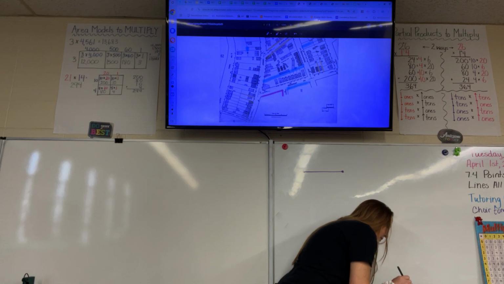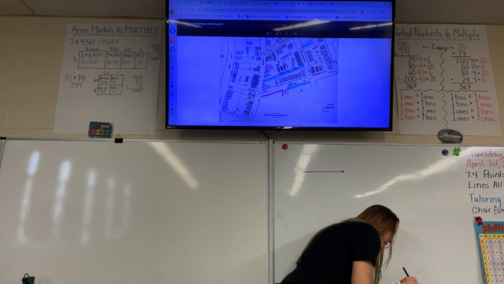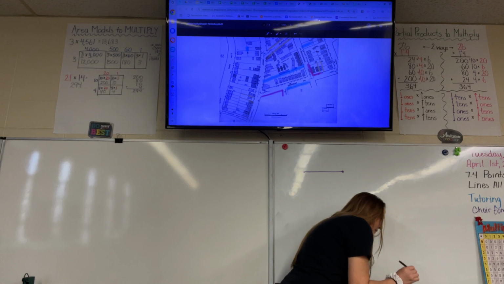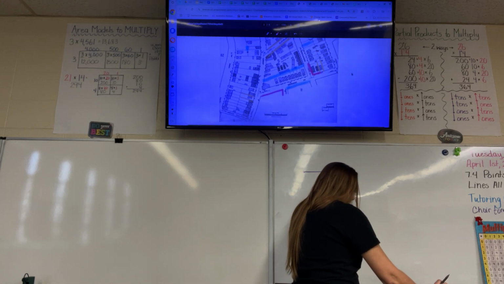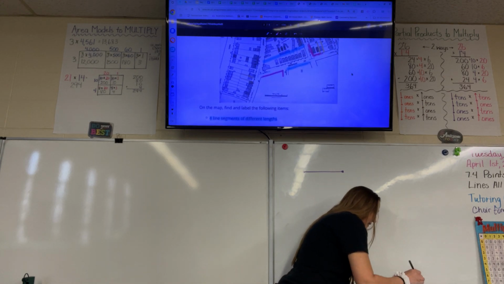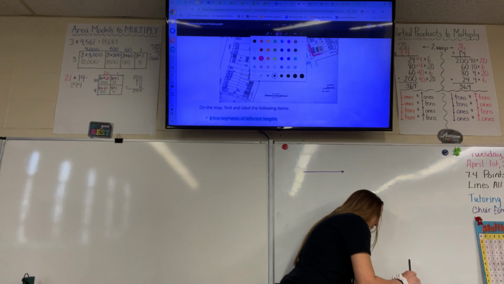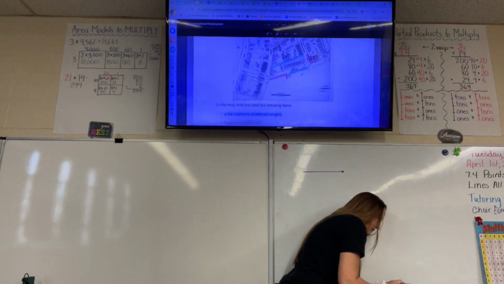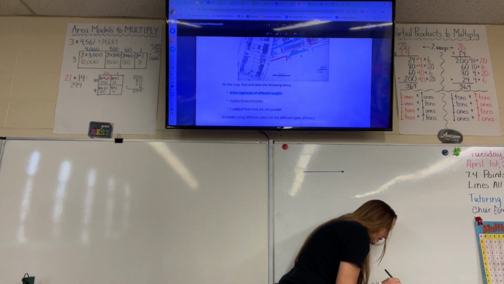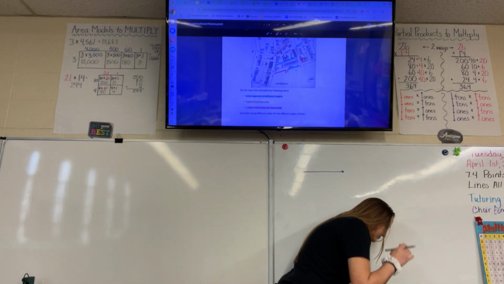And then another pair of intersecting lines would be these 2 right here. This corner. Okay, so for that one I did 2 pairs of lines that are not parallel.